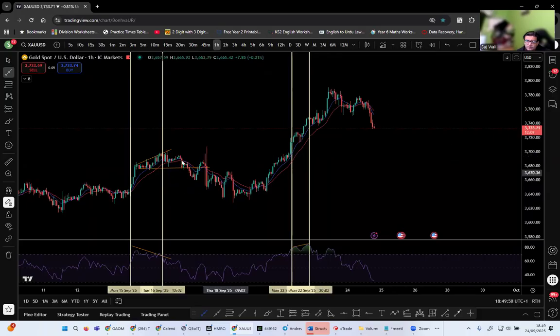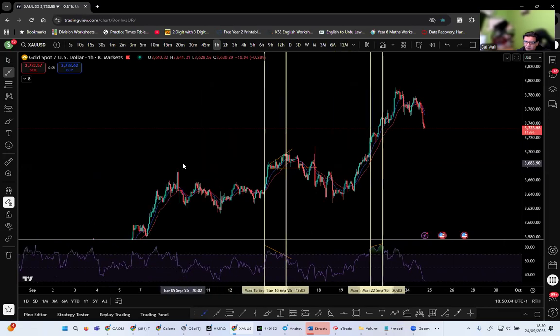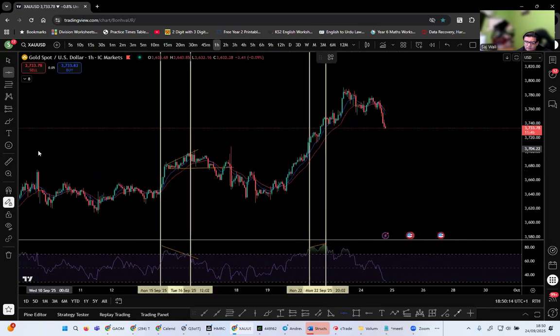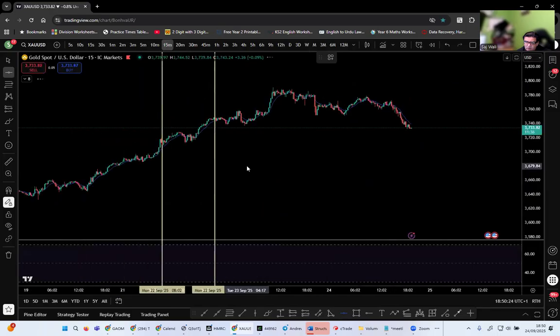Also, you can use different structure levels as well, because in this case, we didn't have any all-time high. This was the all-time high, and we didn't have a previous structure level here. But because this level was broken here, and if you go to the smaller time frame, what is it showing?